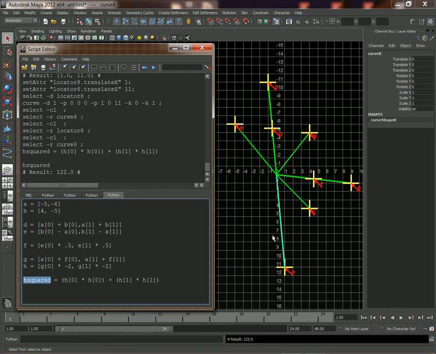So that still doesn't tell us the length, but what we need to do is get the square root of 122.